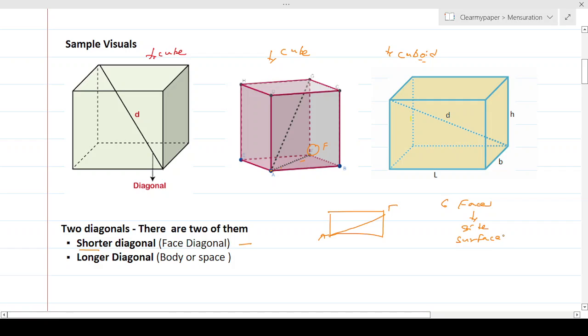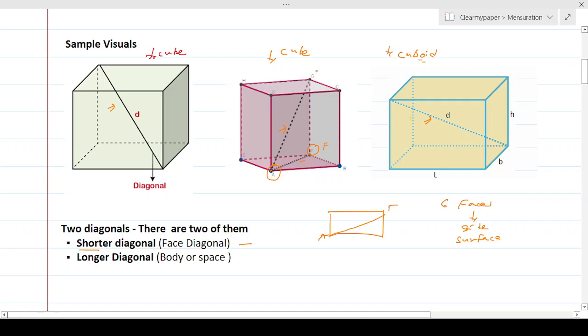And the other one is a longer diagonal. In this one, this is a longer diagonal, this is a longer diagonal, and this is a longer diagonal. The longer diagonal is a diagonal which cuts across two different surfaces. For example, this point A belongs to one side at the bottom, and it connects to the opposite side.